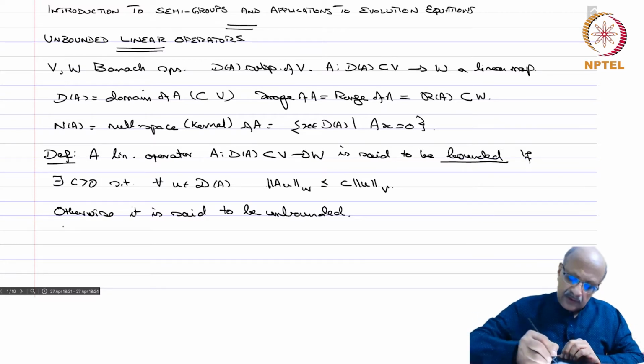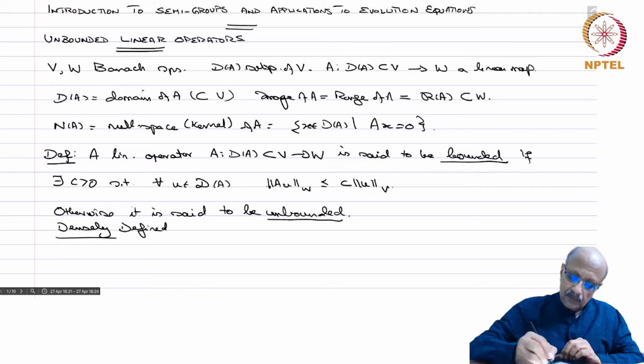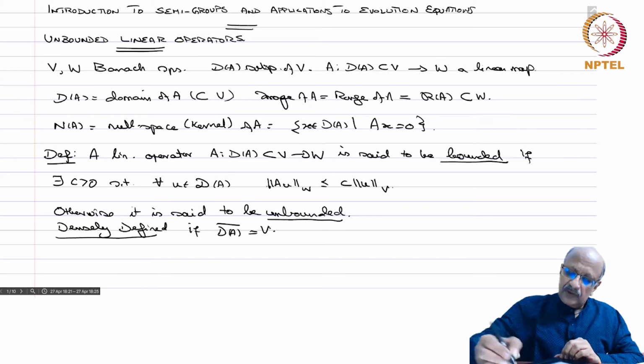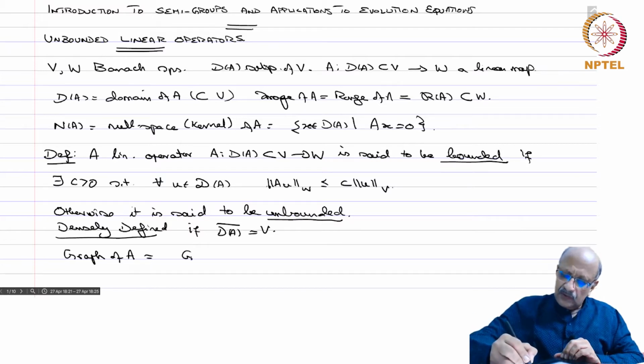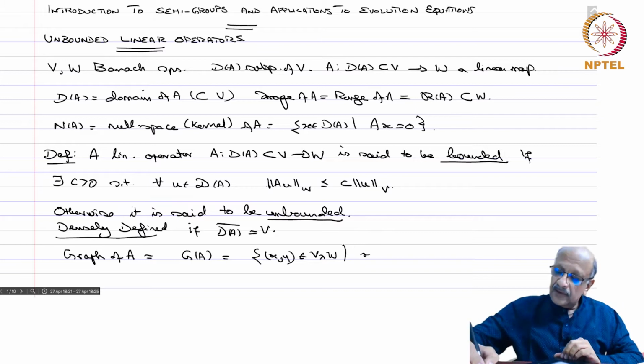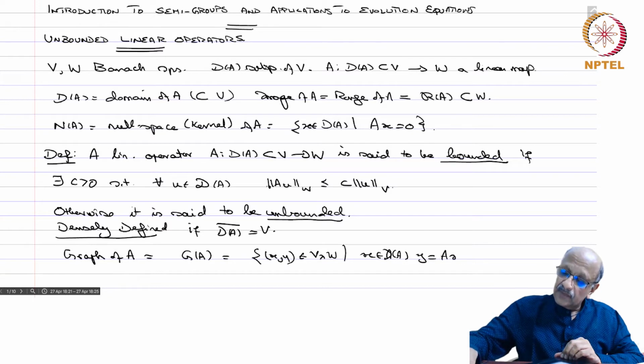Okay. So, it is said to be densely defined if D of A closure equal to V. That means if the domain is dense. And the graph of A, G of A, is equal to the set of all x, y in V cross W, x in D of A and y equals Ax.